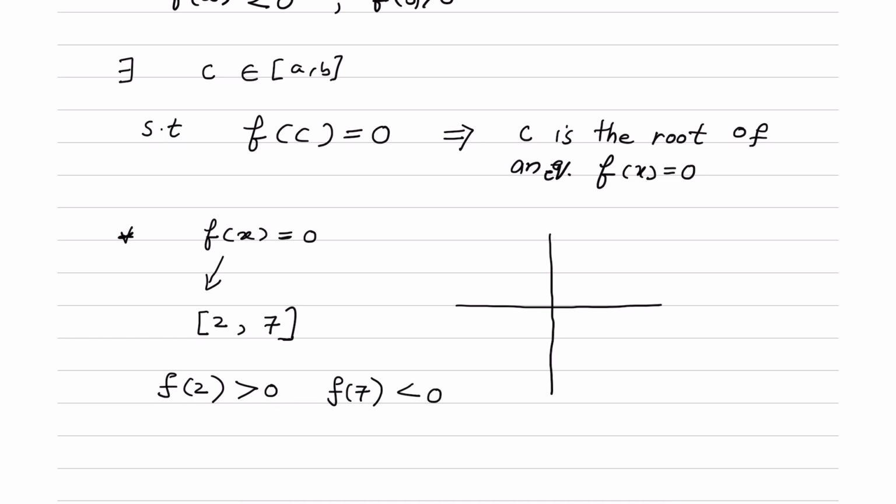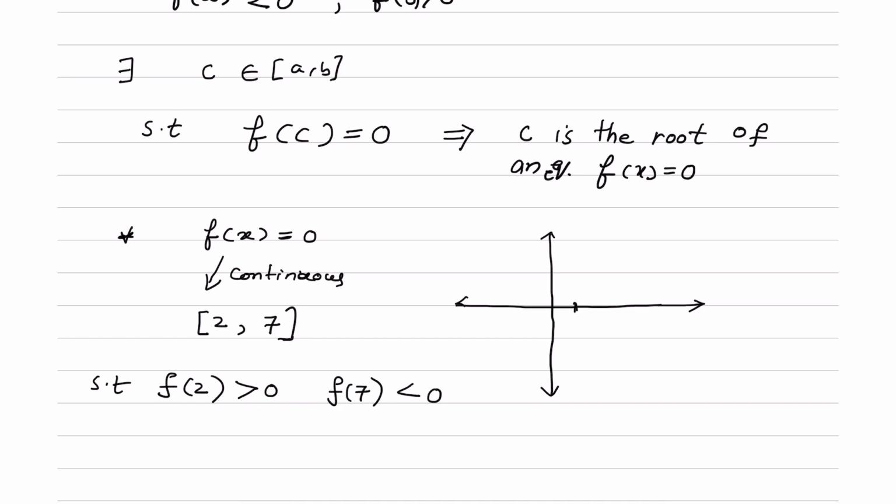So we have an interval 2 to 7 on which the function f of x is continuous, such that at 2 the value of the function is positive and at 7 the value of the function is negative. Let's look at the rough graph of this function.